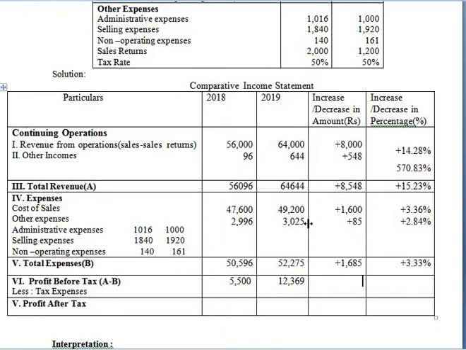Now we have to find out whether the amount is increased or decreased. It is increased. Increased by how much? 5,500 minus 12,369, increased by 6,869.